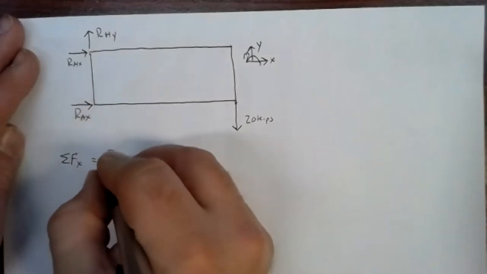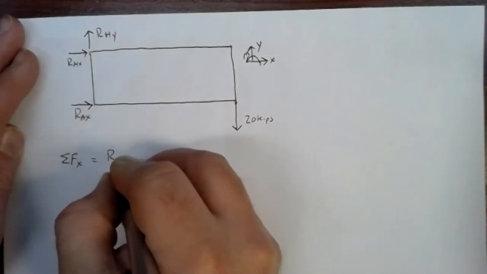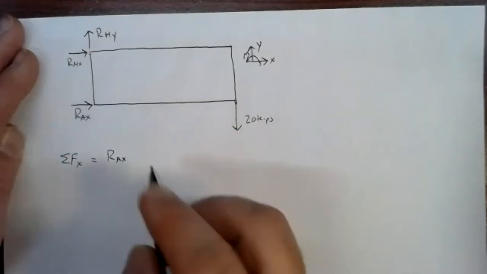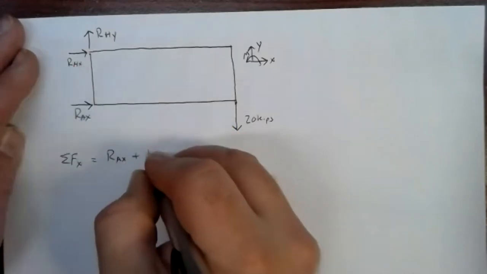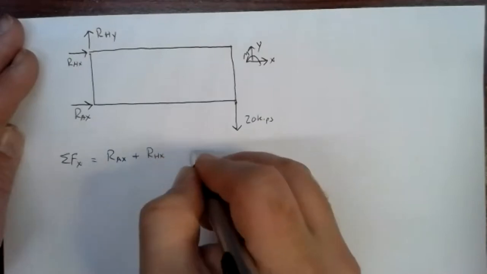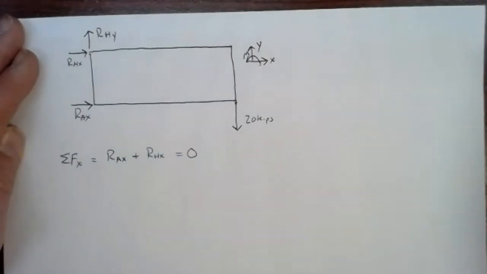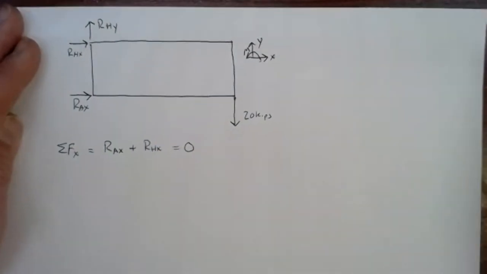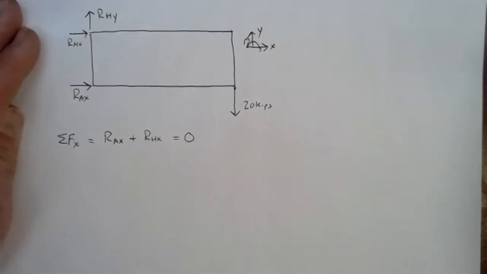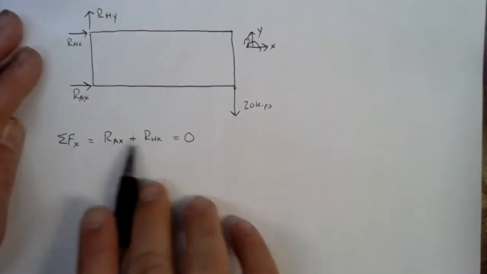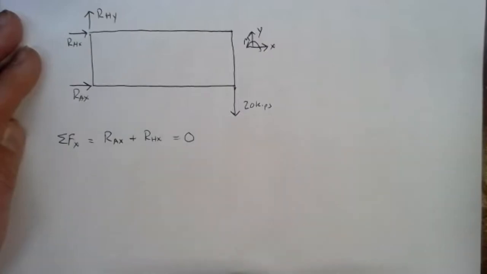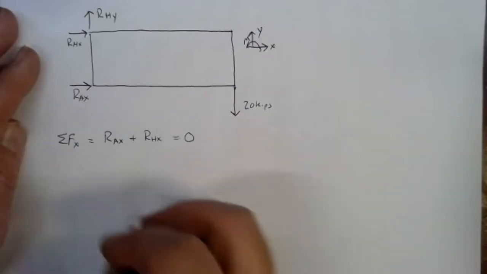And based on the directions I've assumed, I've got a positive RAX and a positive RHX. And that sum's got to be equal to 0. Unfortunately, we can't really do anything with that equation just yet. There are too many unknowns. Two unknowns, one equation, can't do much with that.